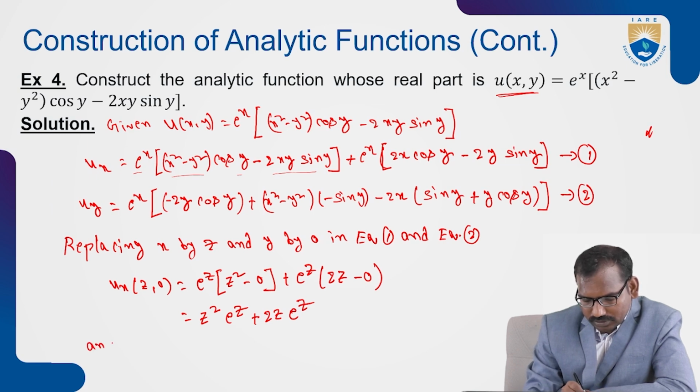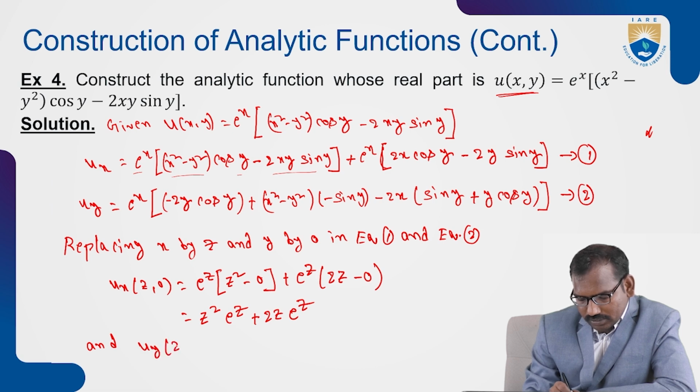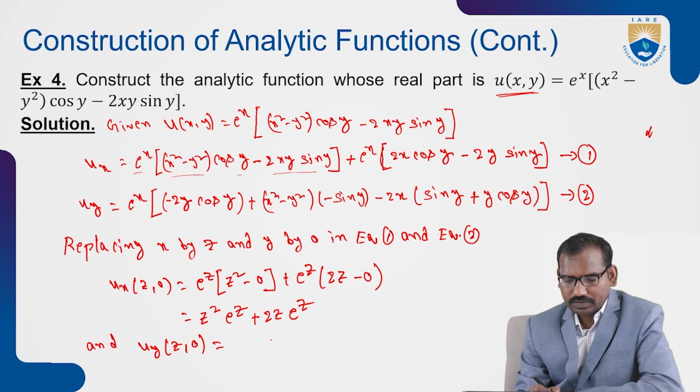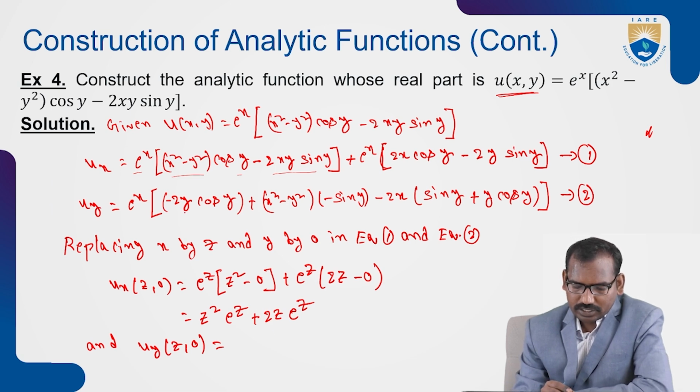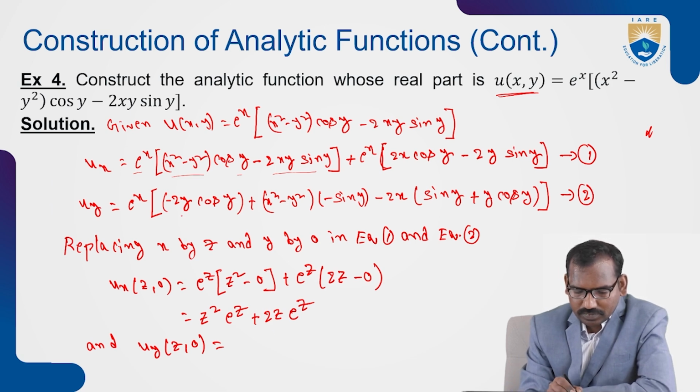And I am replacing in uy, x by z and y by 0. Here I am observing that in the first term y is 0, so this term total becomes 0. In this second term sin y is 0, so this term is also 0.